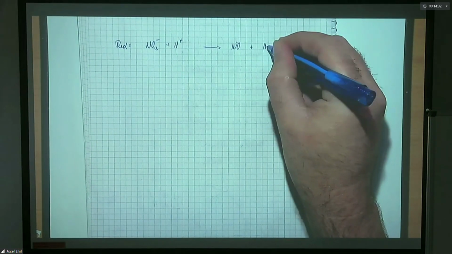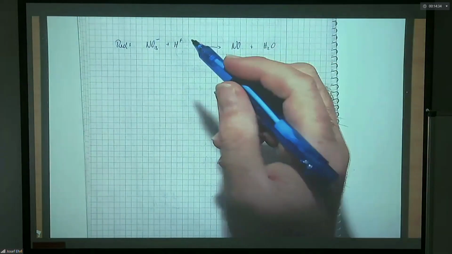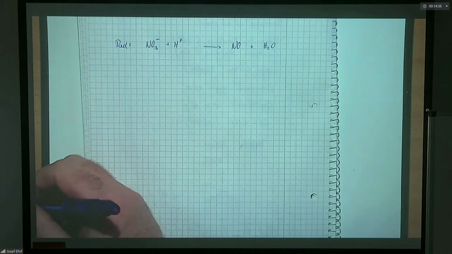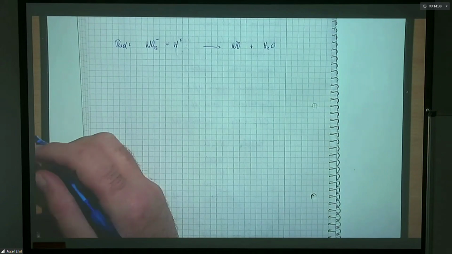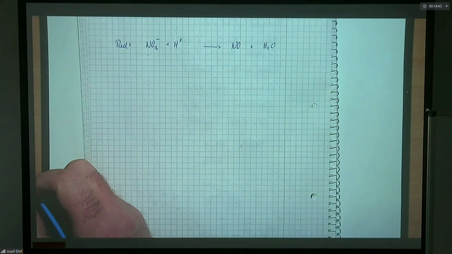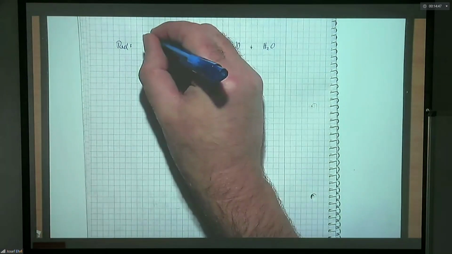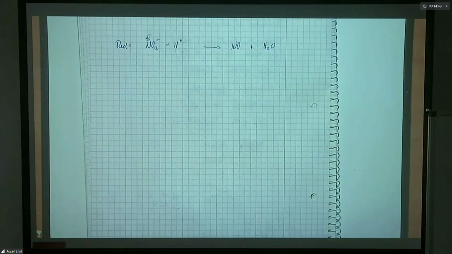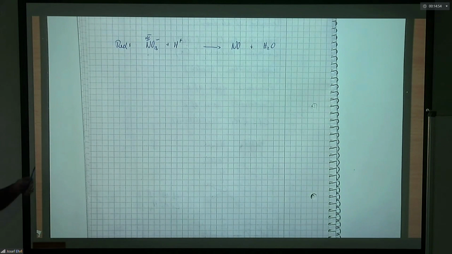and water. What oxidation number do I have here for the nitrogen of nitrate? +5. We have -2 from oxygen, 3 oxygens, that means -6. The overall charge of the ion is -1, so I need +5 on nitrogen to get the overall charge to -1.